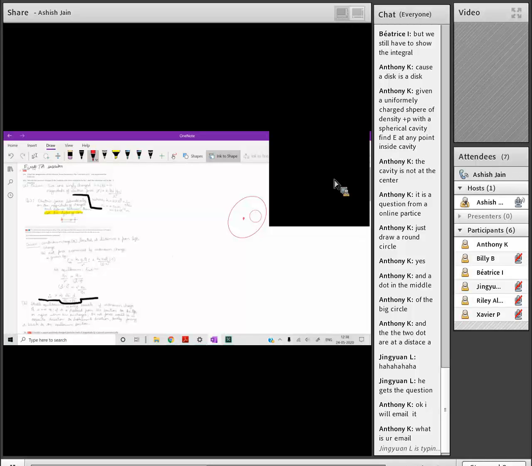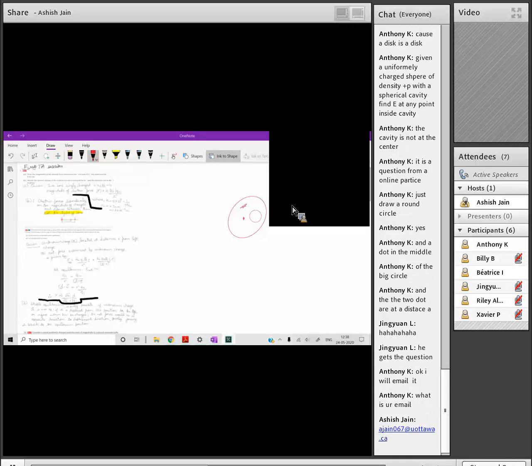So, I'll type my email here. Uh, this is a conductor surface, and this is a charge at the center.